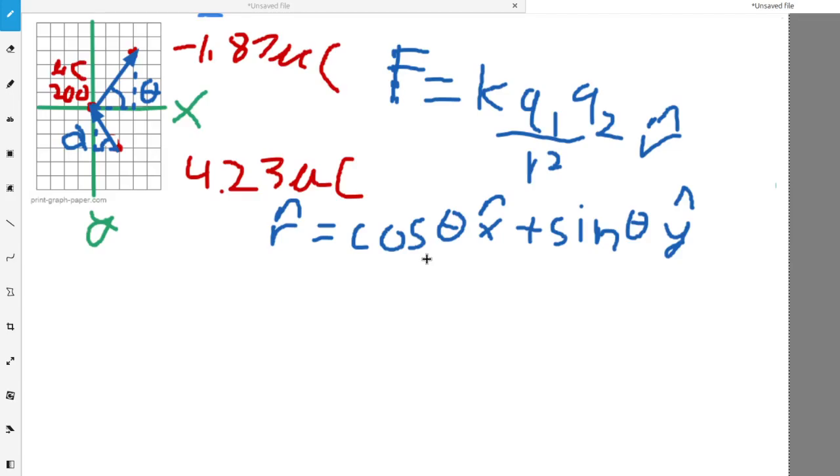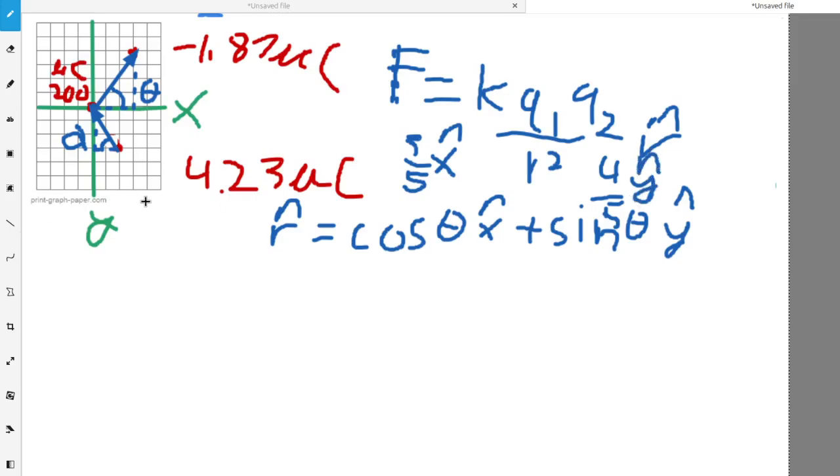So cosine theta is going to be 3/5 x hat plus 4/5, sine is opposite over hypotenuse, y hat.